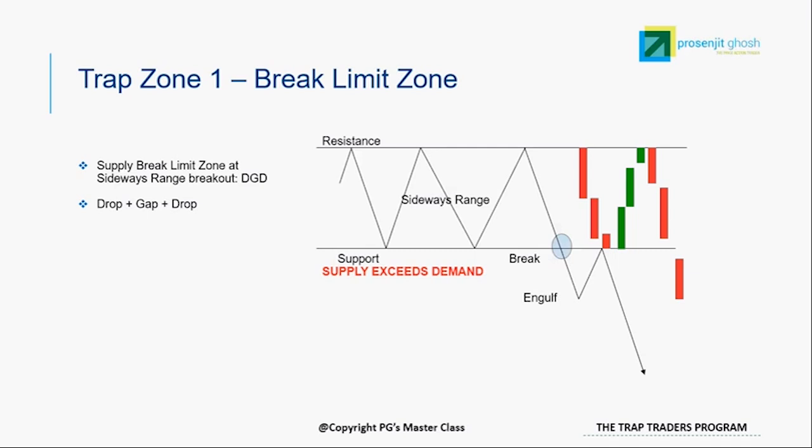And engulfs below. So what happens here? The support line is cutting through the base candle. The gap here, there is no base candle here. So the same way we will mark the gap. We will put our distal line, our proximal line. So this is our zone. Once price comes up to the zone, we are going to short and make good money. Real-time good money happens from break limit zones.